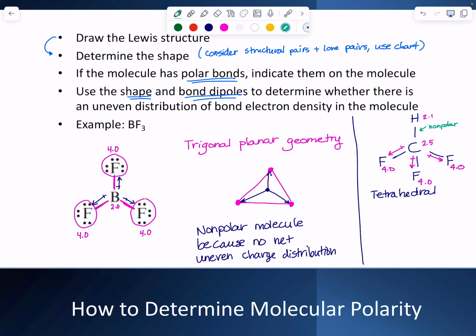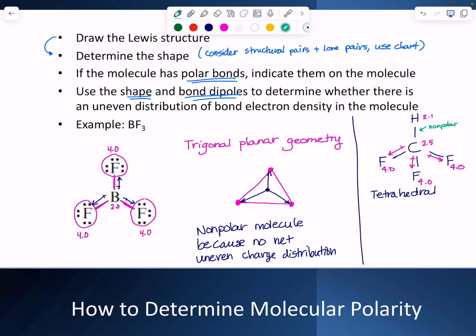So if we're looking at the bond dipoles, we have a similar situation to the boron trifluoride where we've got 3 bond dipoles attached to our central atom. But in this case, instead of all being in the same plane, they're all pointing down.